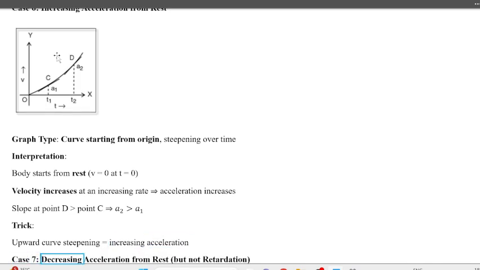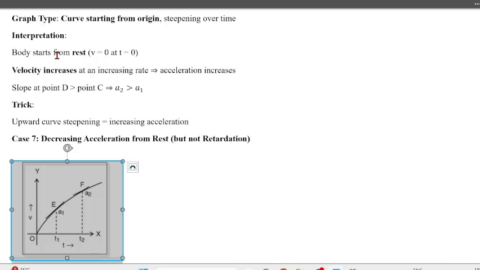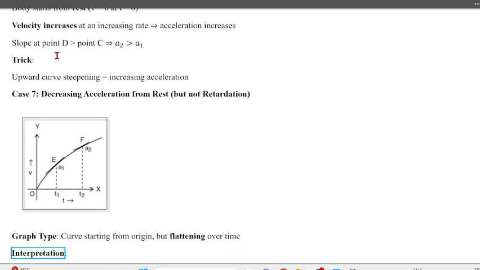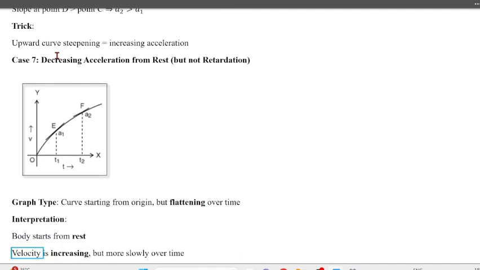Case 7: decreasing acceleration from rest but not retardation. Picture 43, graph type: curve starting from origin but flattening over time. Interpretation: body starts from rest, velocity is increasing but more slowly over time.